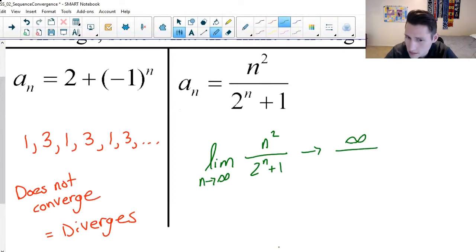In the denominator, 2 to the nth power plus 1, well, that's also just always going to be getting bigger and bigger as I plug in bigger and bigger numbers. So I'm in another case where I wrote an ugly infinity sign and I fixed it. So it's a little better. It's infinity over infinity, indeterminate form, so we can use L'Hopital's rule.